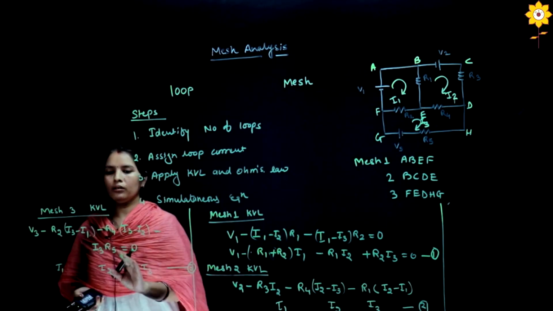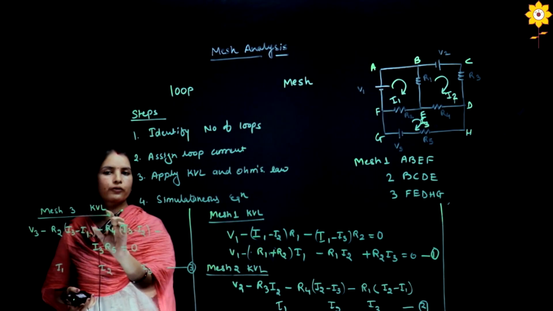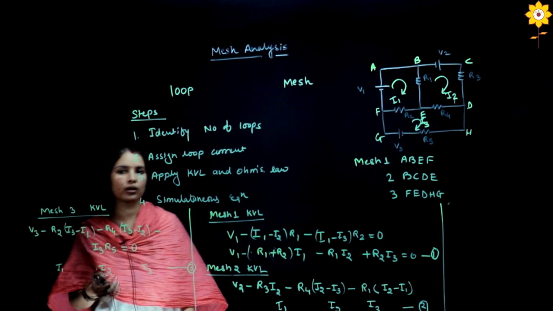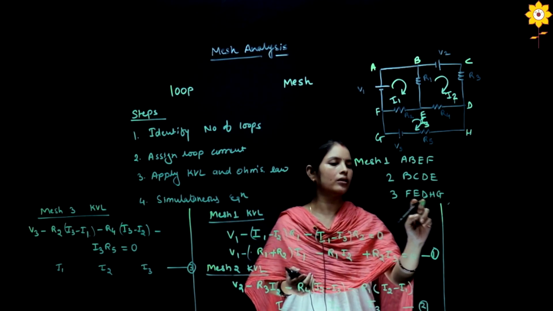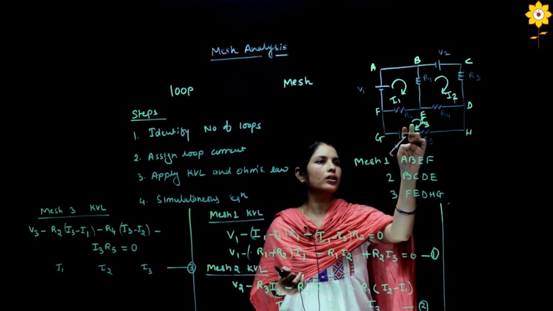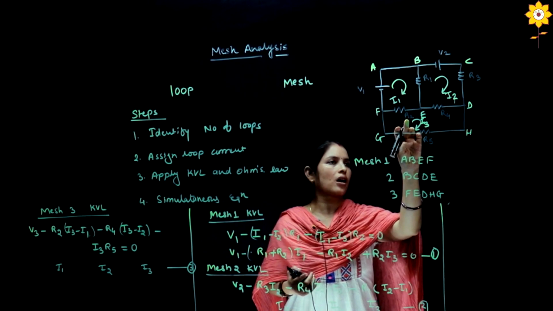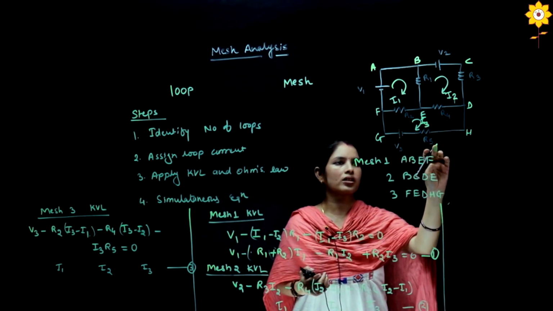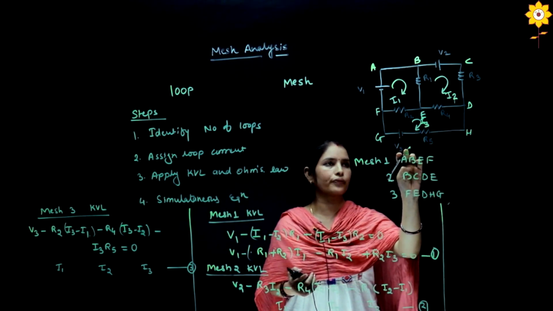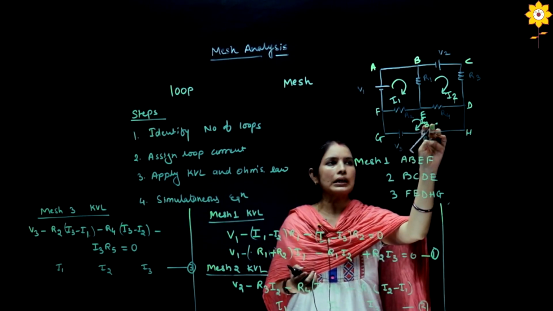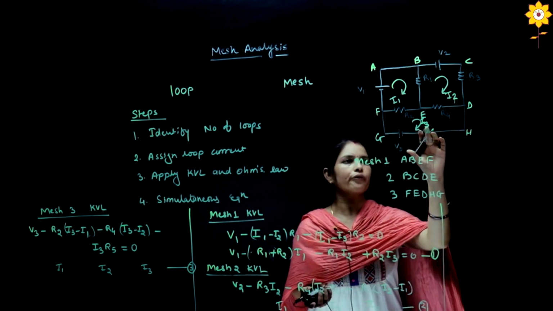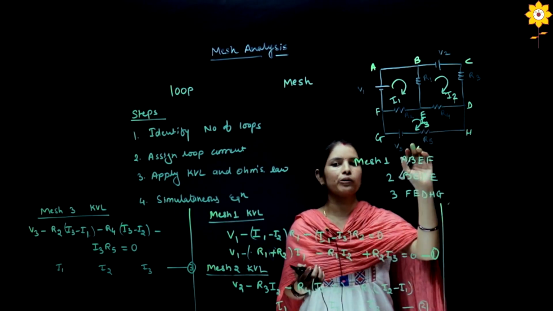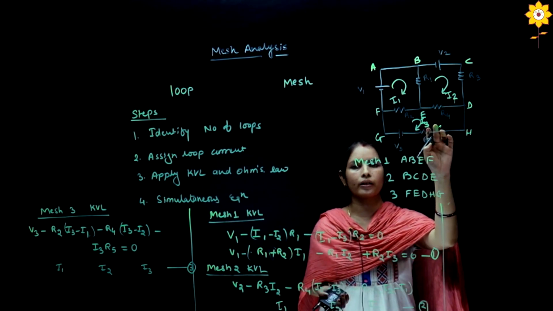Now we will go for Kirchhoff's voltage law for mesh 3. We can see here our mesh 3 is F, E, D, H and G, which consists of resistance R2, R4, resistance R5 and the voltage source V3. We have the current I3 over here. As we are writing Kirchhoff's voltage law for mesh 3, we will be considering the current of I3.